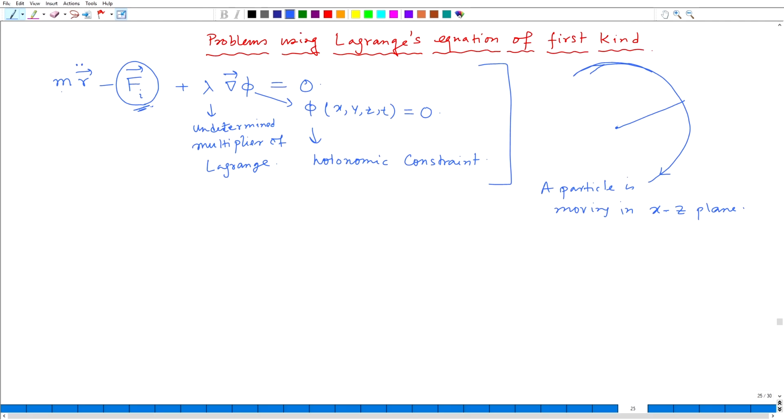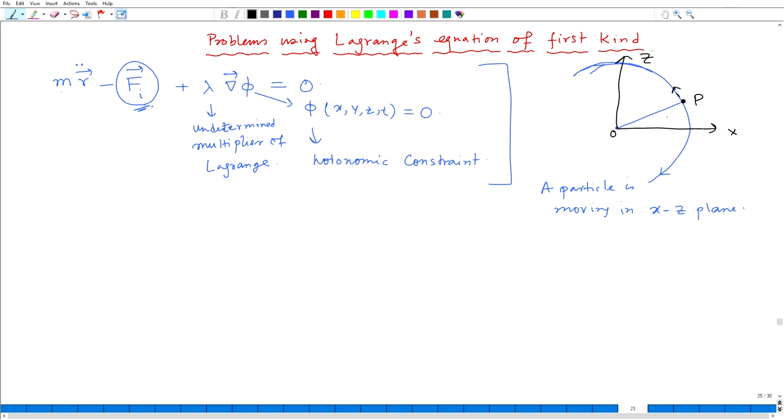I can take this as the x direction, this is the z direction. I say a particle which is at P, this is the origin O, and the particle is moving in a circle, let us say in the anti-clockwise direction.